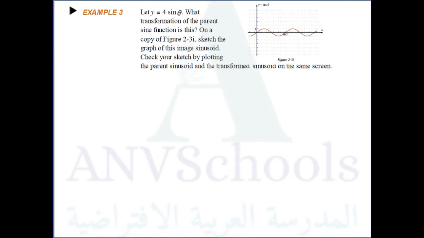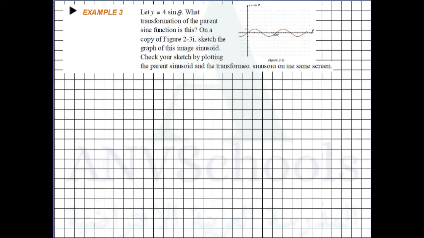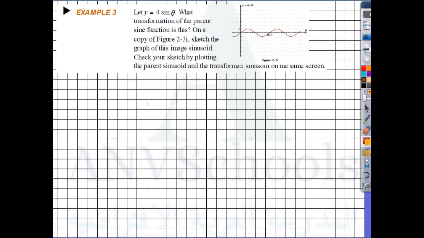So this is our parent function, y is equal to sine theta. And let us have the graph first. We begin with forming our x and y axis. So let's maximize the grids, okay?